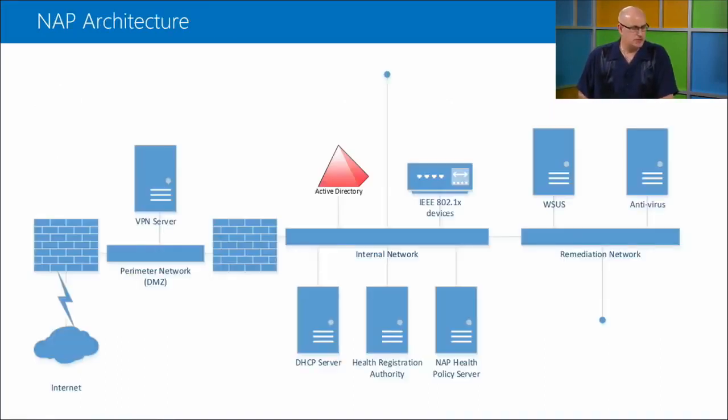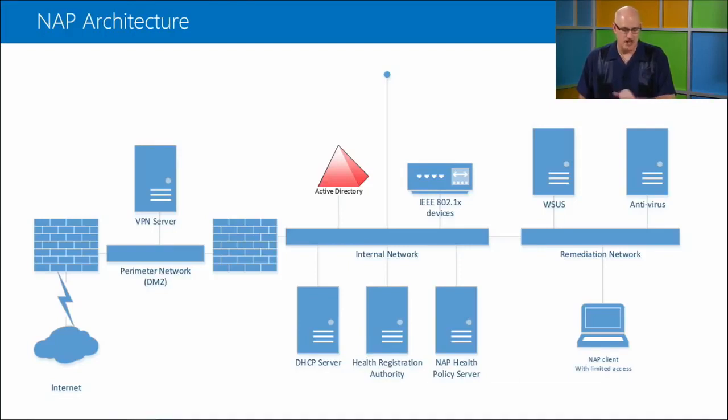So this shows you what NAP architecture may look like. We have our Active Directory here, our internal network, our perimeter network, internet, VPN server. As the system boots up, it may not meet the requirements to get on the internal network, so it gets sent to the remediation network with WSUS and antivirus servers that enable it to become compliant again.